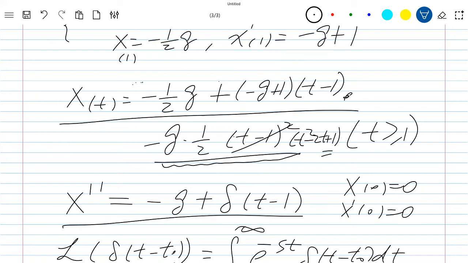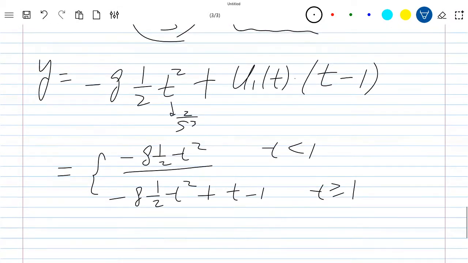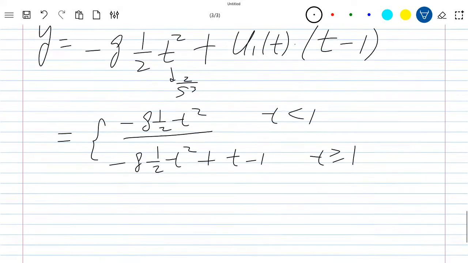It's positive g, so it's cancelled, right? Then you have negative g half times that. It gives you g times t. And here you have negative g times t, so it's also cancelled. So all you have is 1 times that, which is t minus 1. And that will have, yes, t minus 1. Okay? So you can see it's easier to do it in the Laplace transform.